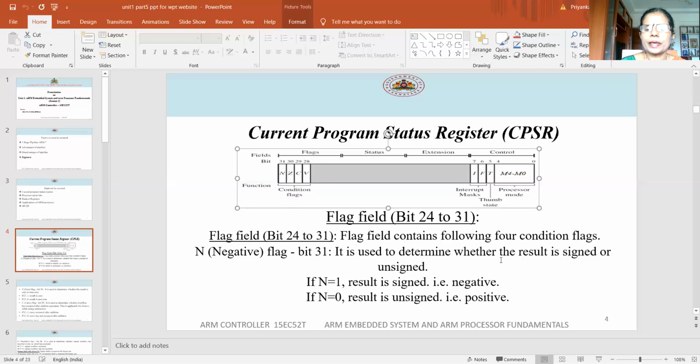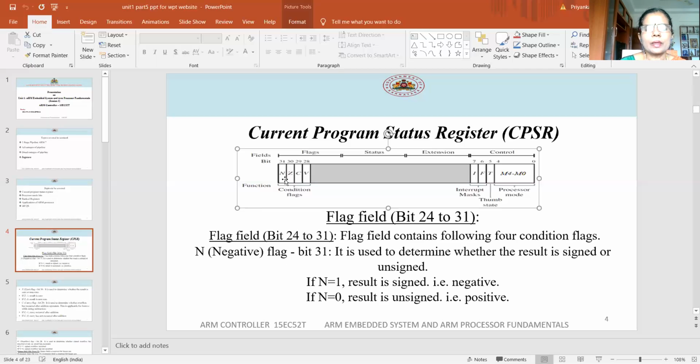It is used to determine whether the result is a signed number or an unsigned number. After an arithmetic operation, whether the result is positive or negative is given by bit number 31, the negative flag. If the N flag is 1, the result is signed and it is a negative number.